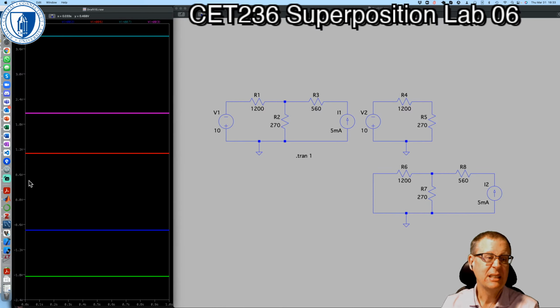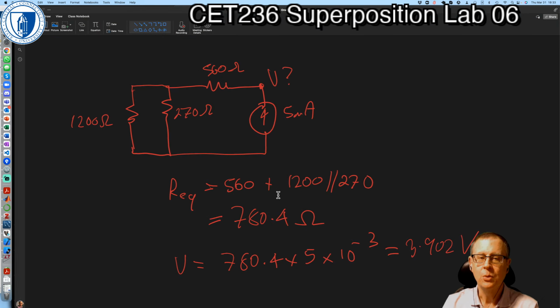Now, I did that calculation during class last week. So here's the circuit. Effectively, the 1200 ohm and the 270 ohm are in parallel. And then that equivalent resistance is in series with the 560 ohm. So the overall equivalent resistance is about 780 ohms.